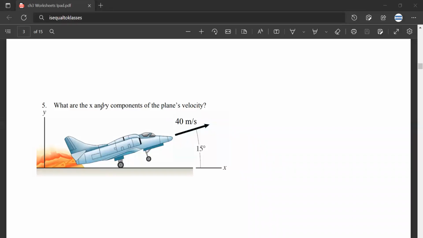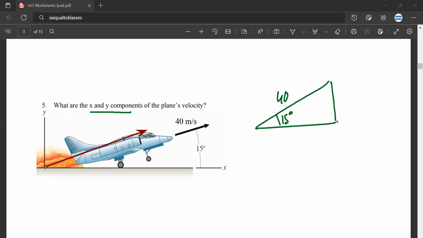So we want to resolve the plane's velocity in the x and y component. Again, using basic trigonometry, we know that if this is 40 and this is 15 degrees. Now, if you observe closely, let me say that this is the velocity.